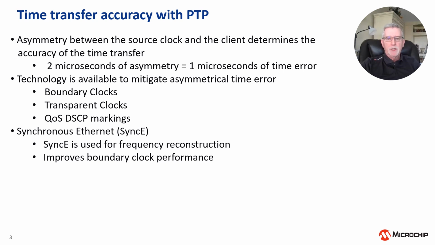We can use transparent clocks, which also mitigate time error in switches and routers by measuring the delay of the PTP packets when they traverse switches and routers and notifying the client at the endpoint of what those delays are. So we can use both layer 2 multicast and layer 3 unicast PTP profiles with various mitigation of time error in switches and routers.